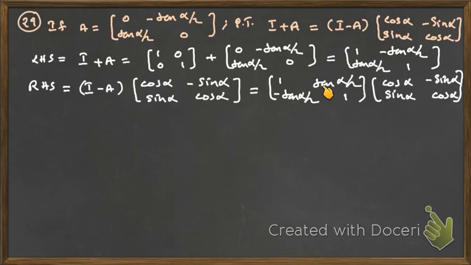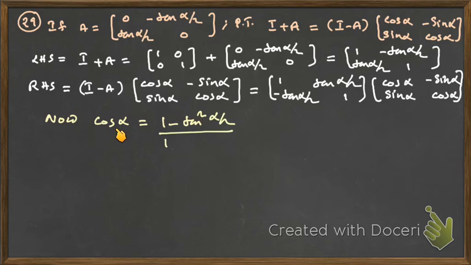In my first matrix I have tan alpha by 2, so I would like to get everything in terms of tan alpha by 2 even in the second matrix. In the second matrix I have sin alpha and cos alpha, so I am going to write that formula. We know this formula: cos alpha is (1 minus tan square alpha by 2) by (1 plus tan square alpha by 2). That's a formula which we have learned in grade 11, the half angle formula for cos alpha.